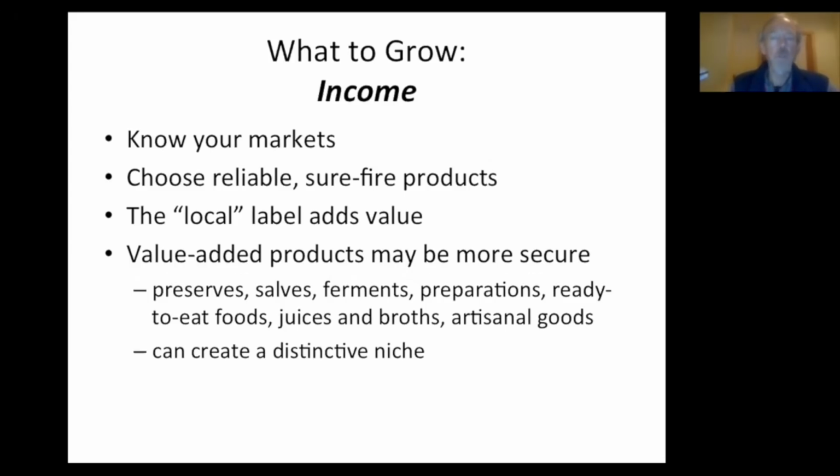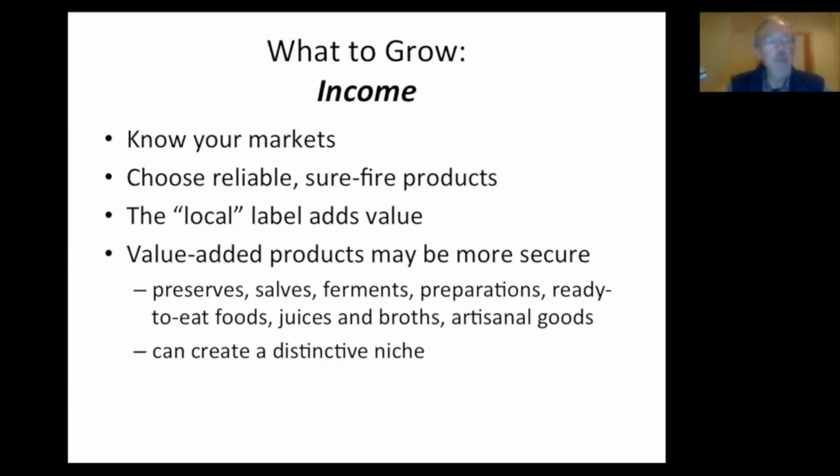Then if you want to be growing things for income, obviously you want to know what the market is, what sells, what other people are selling, or what are empty niches in your area, things that people aren't selling but that there might be a demand for. And it's a really good idea, at least when you're getting started, to choose things that are easy to grow. If you try things that are too difficult, you raise your risk of failure.